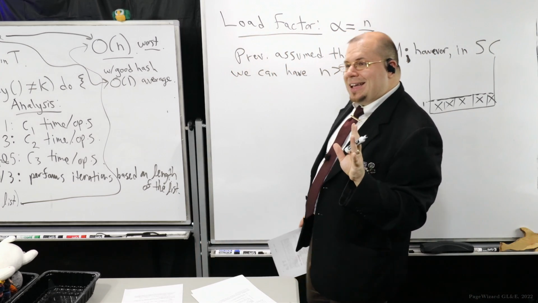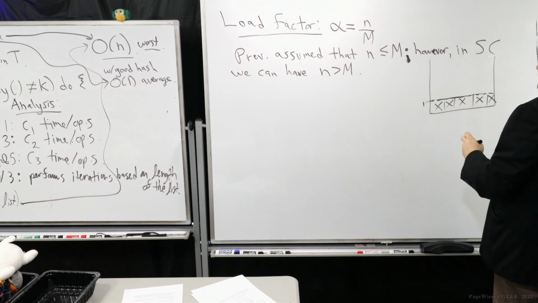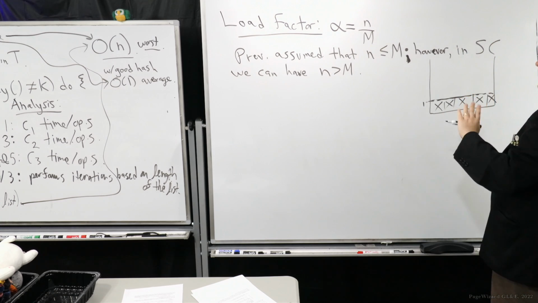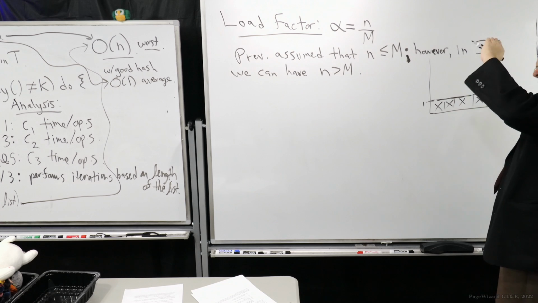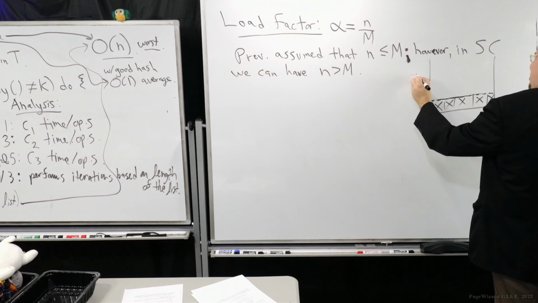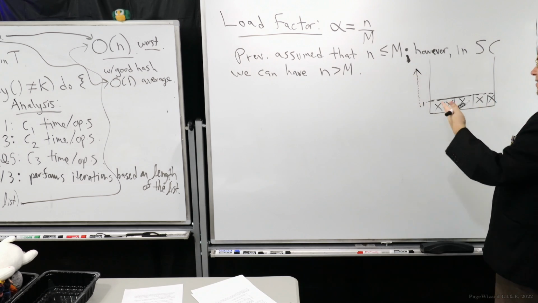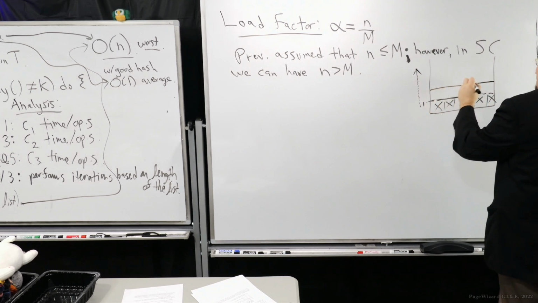Now, I must stress that this is just a helpful intuition. However, as soon as I have more records than table slots, the load factor now plays more of a role, and the load factor actually dictates how many layers you're going to have for your cake.